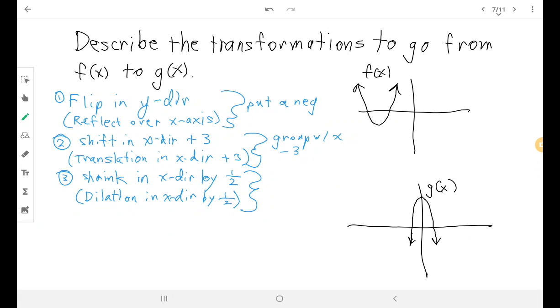And then same thing here. We want to shrink in the x direction, so we want to group with x.